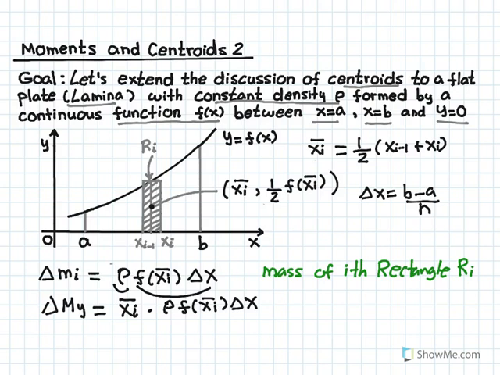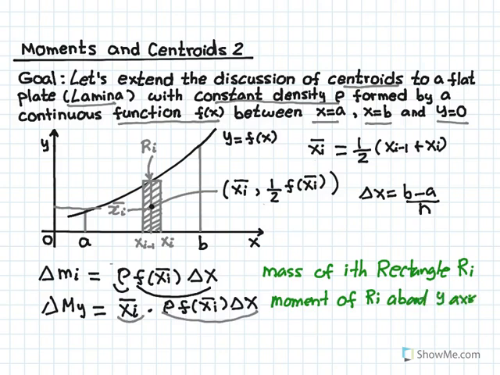So it's this distance from here to here. This is xi bar. All right, and basically the moment is mass times distance. This is the mass of this rectangle, and this is the distance of this rectangle to the y-axis, because we're finding the moment about the y-axis. So let's label this. This is the moment of the ith rectangle, the moment of Ri about the y-axis.